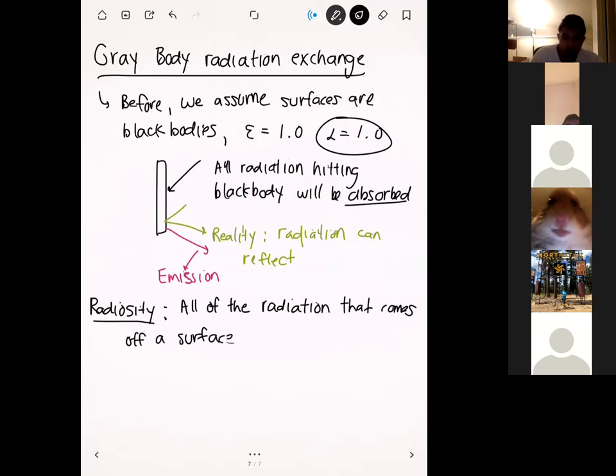And once you start taking reflection into account, the radiosity is basically going to be a sum of the emission and the reflection.